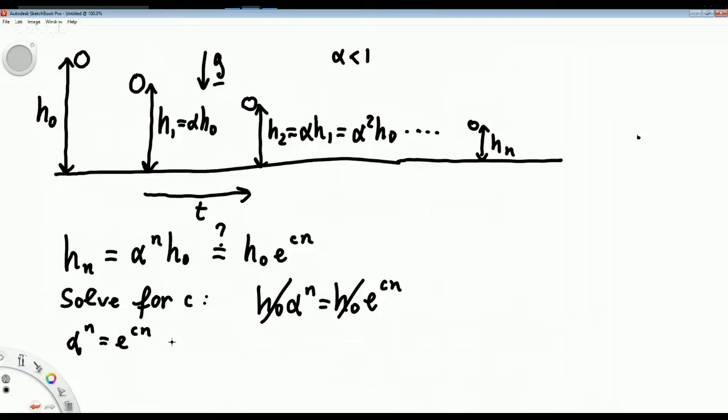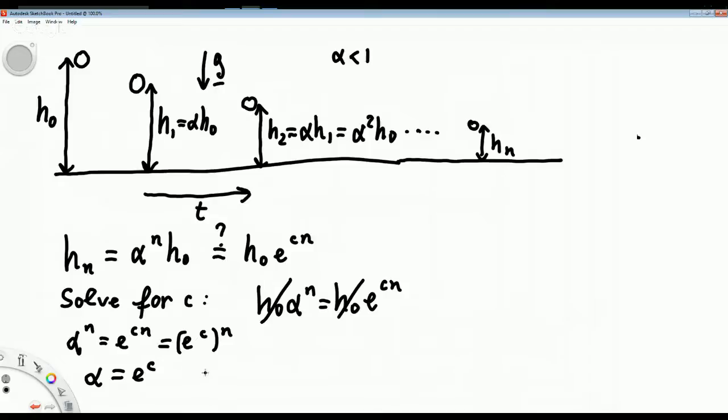And e to the cn is nothing but e to the c, to the power of n, by the properties of the exponential functions which we discussed in the workshop. So I can get rid of the powers of n on both sides and end up with just alpha equals e to the c. If you like, I've taken the nth root of both sides of the equation.